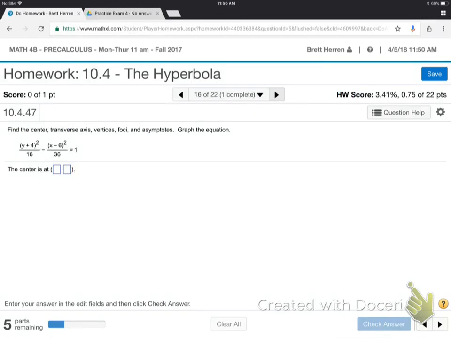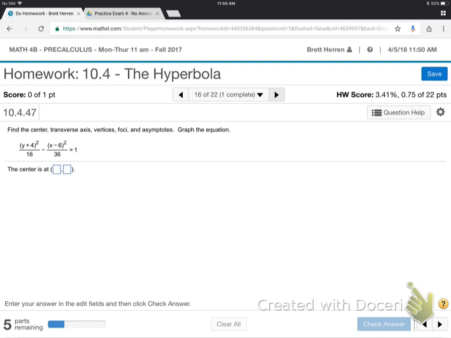Okay, let's try this one. So what's the deal with this one? See how they have the numbers in the parentheses with x and y? What does that mean about any graph? They moved the center. It's not the origin anymore. You guys tell me, what is the new center on that one? Yeah, opposite.